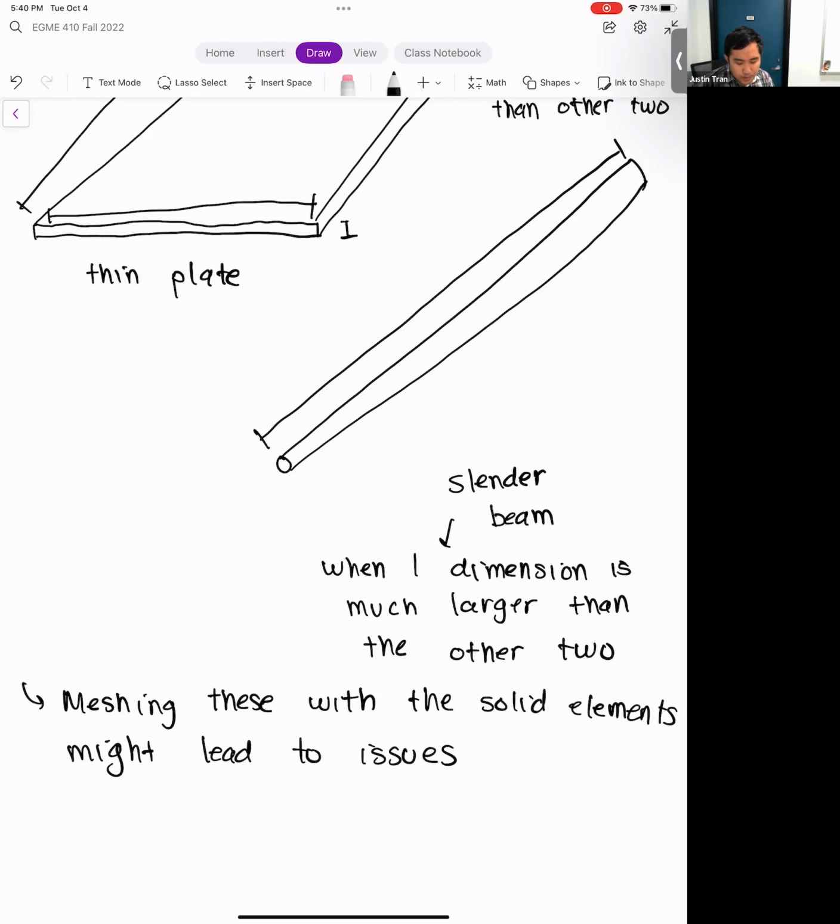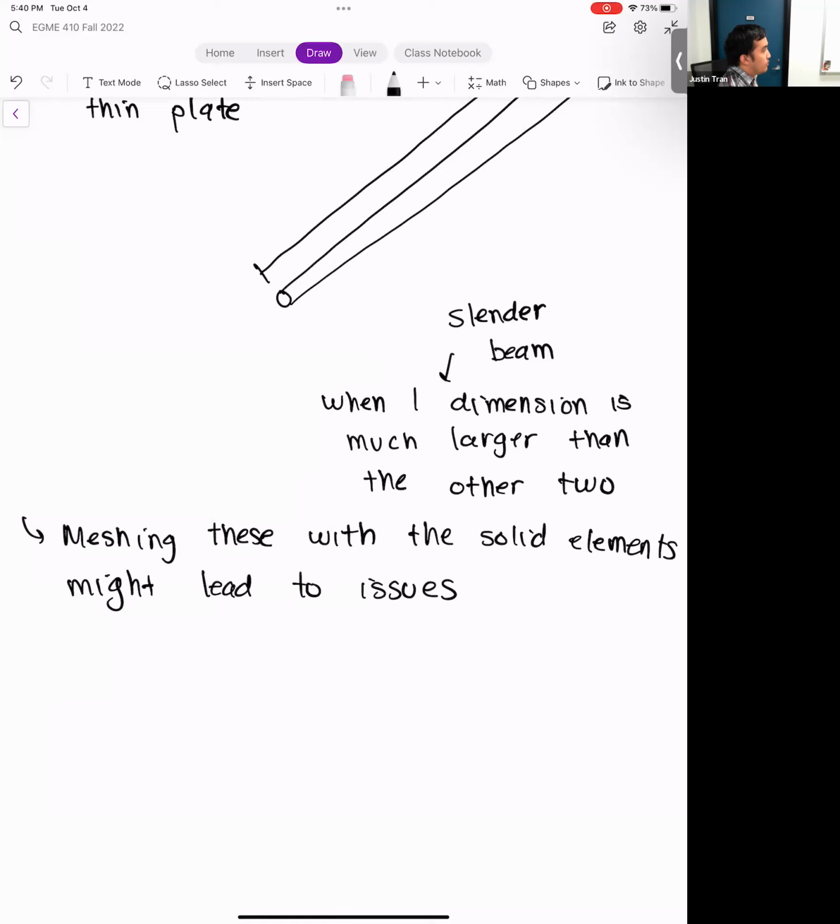Those issues are that it might not be able to mesh unless you use an absurdly small element size. And even if you do mesh it, you might get results that are not reliable. And so for these kinds of situations, instead of trying to use solid elements, let's use a more specialized element type that's more suited to these geometries.